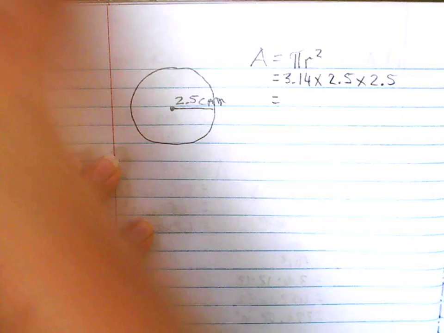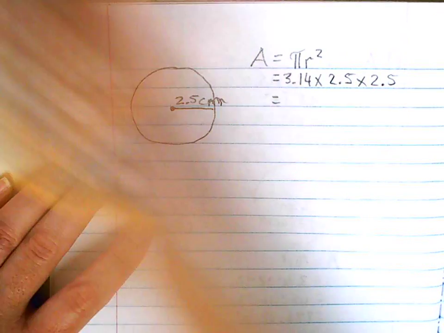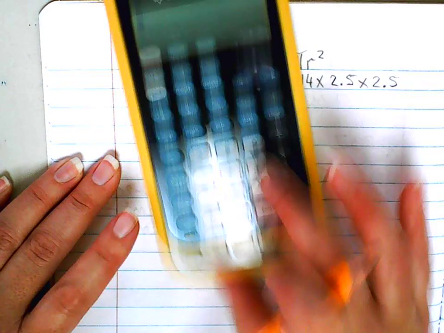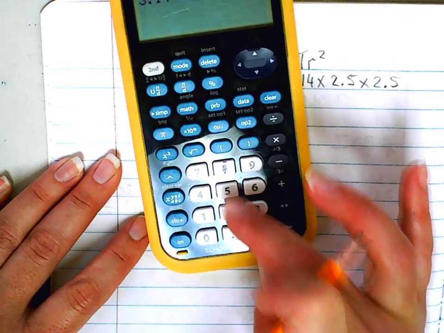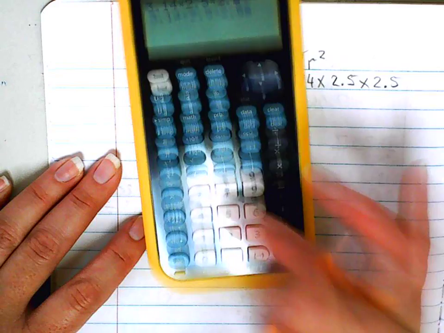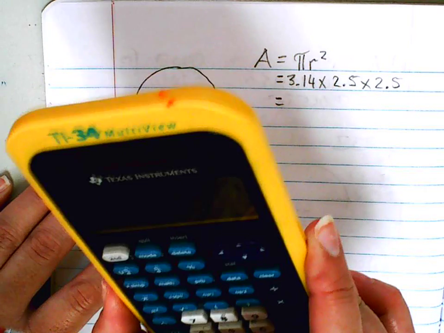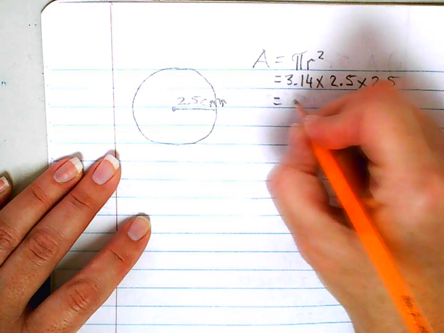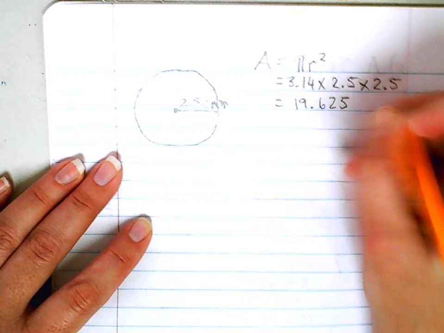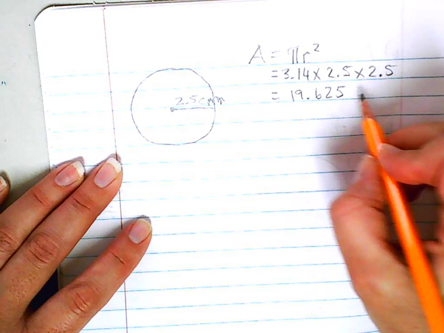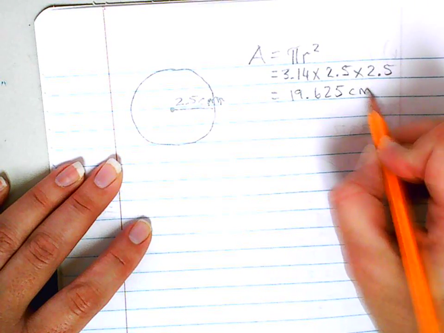So what would I do here? I'll take my handy dandy calculator, I will turn it on, and I'll go 3.14 times 2.5 times 2.5 equals 19.625. Okay, centimeters squared.